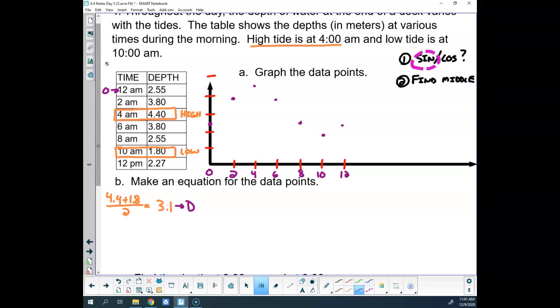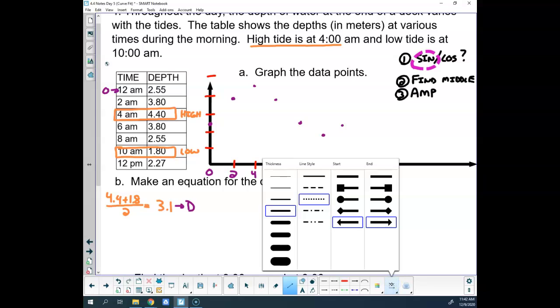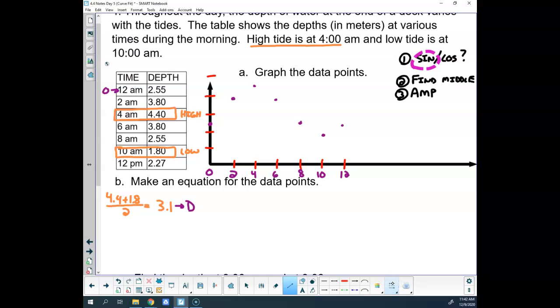From that, we can get our amplitude. Actually, what we should do is we should put the middle line on our graph. One, two, three. So that's our midline.